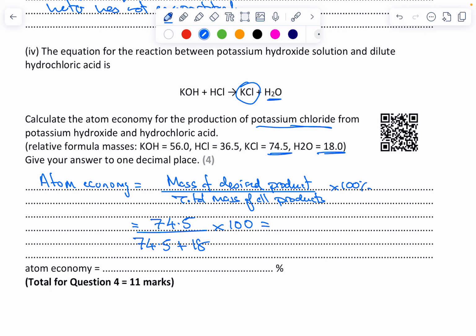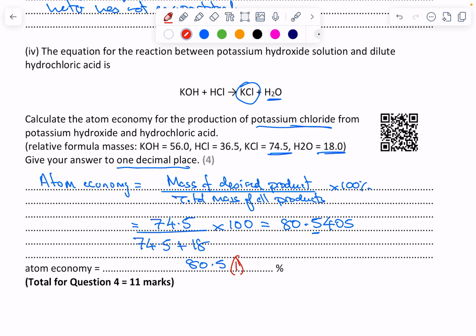So let's just do that on my calculator. 74.5 divided by 74.5 plus 18, and that's going to give me an answer of 80.5405, but here it wants to go to one decimal place, so one decimal place, looking at this, is therefore going to be 80.5.